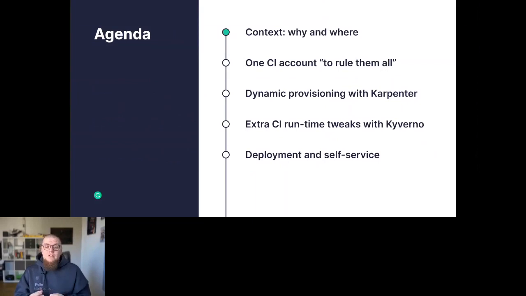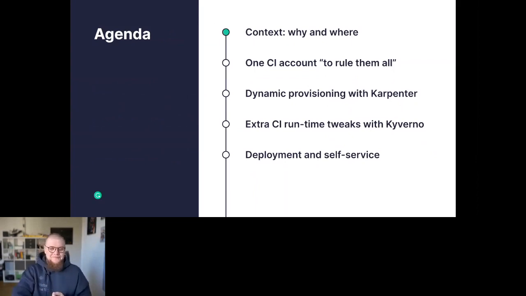Then you will see what challenges we have around Karpenter and how we deal with them using the Kyverno project. Finally, I will talk about the way we use GitOps approaches with Argo CD to deploy all that stuff and keep it up to date. I will do my best to make that presentation interesting for you, whether you are proficient in the Kubernetes world or just starting your journey.